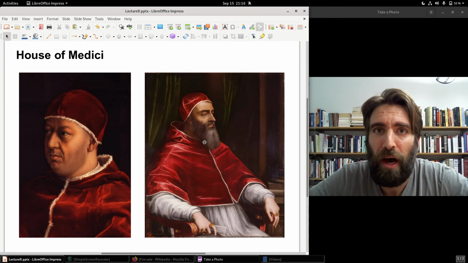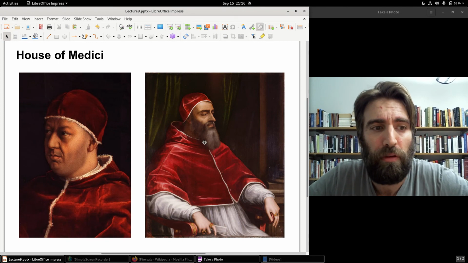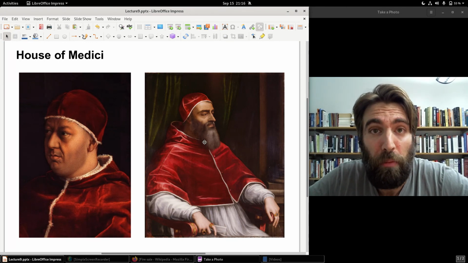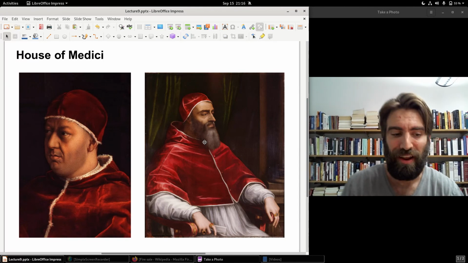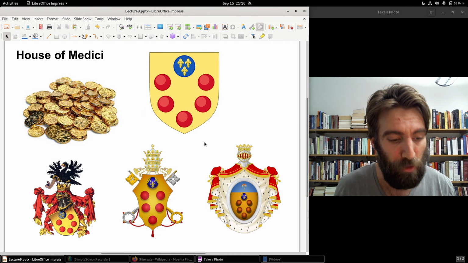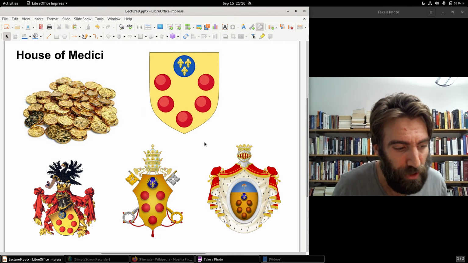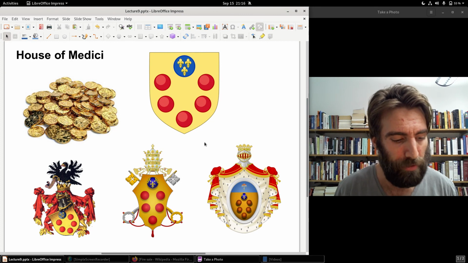Even devout Roman Catholics today will be first to tell you that the church struggled with some corruption during this period. But think of the power in that. It wasn't just the papacy. Two Medici became queens of France. Three became dukes. A super, super powerful family.